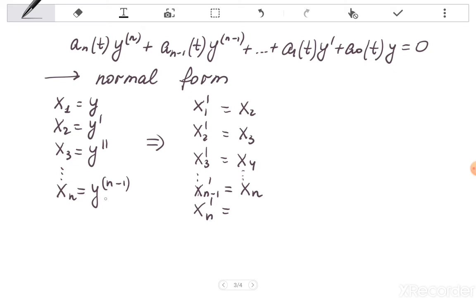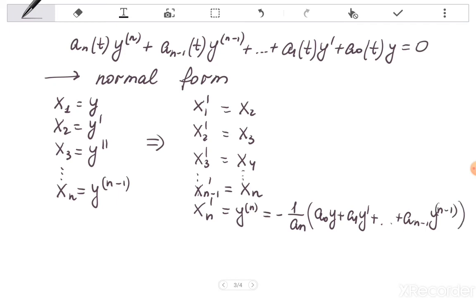And what is xn prime? This is the derivative of xn, so this is y to the n, and this y to the n can be found from the equation. This is minus 1 over an, and everything else we move there: a0 y plus a1 y prime plus so on until an minus 1 y to the n minus 1.